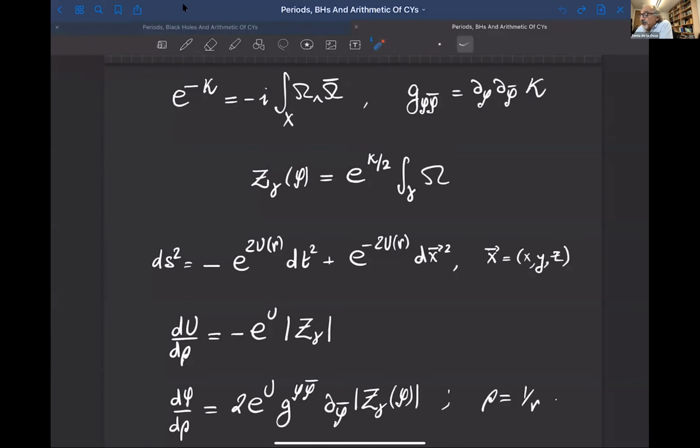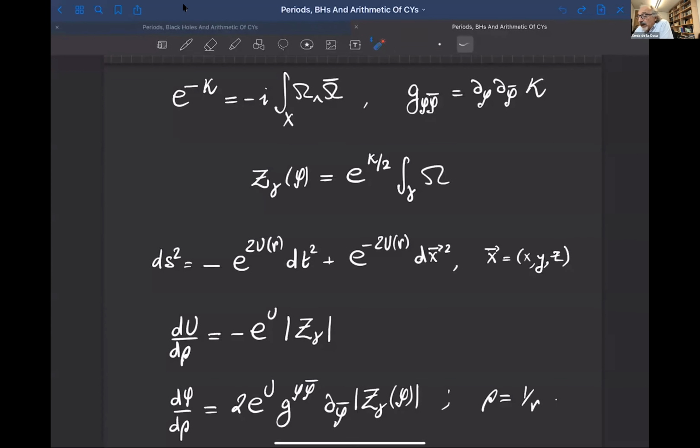There's another object, which is new here, which is the central charge, given a cycle gamma. This is the integral of the holomorphic 3-form over the cycle, modified by a factor of e to the K over 2, K being the Kähler potential.